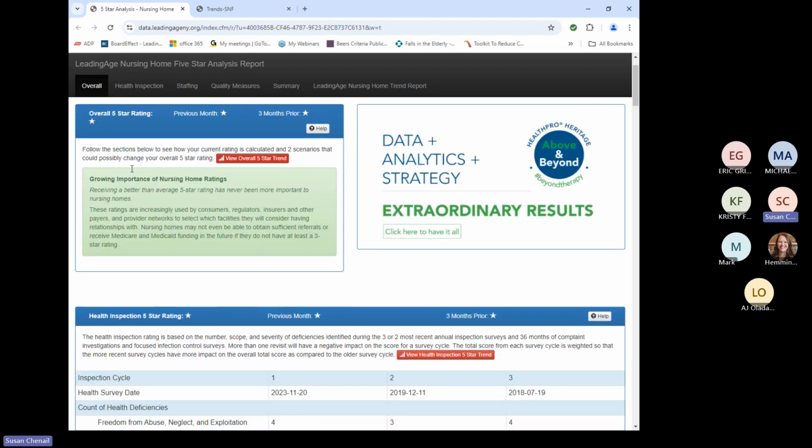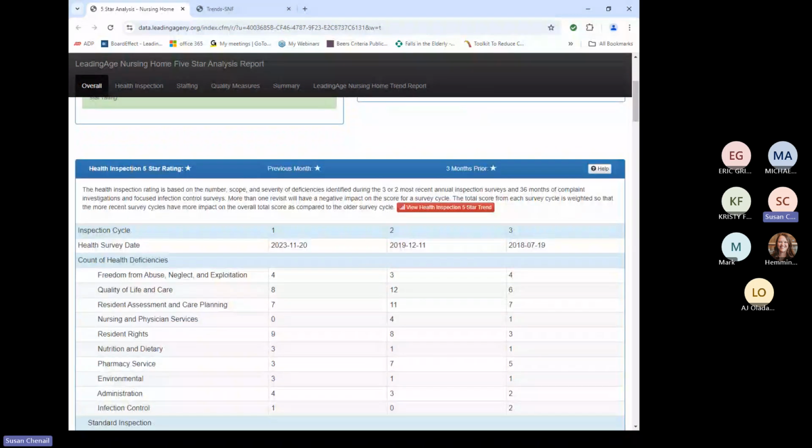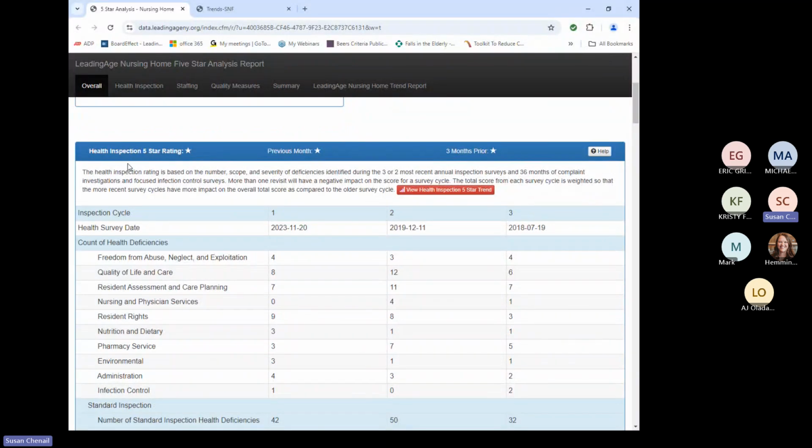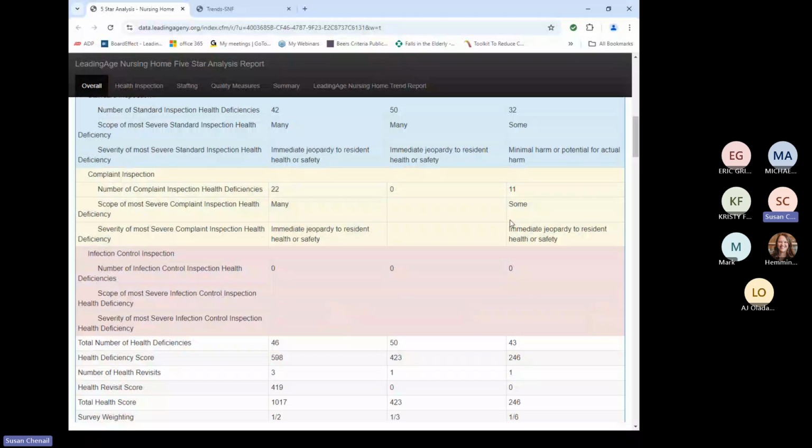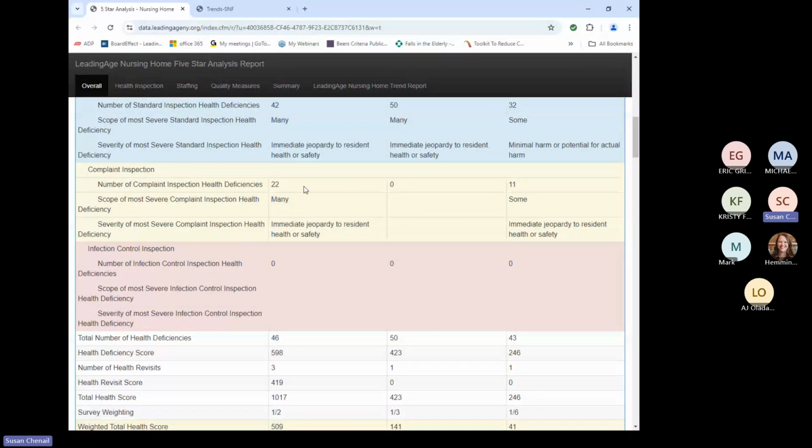So just scrolling down, you can see that the first domain analyzes your health inspection rating, and it provides the three most recent surveys that are used to calculate the health inspection five-star rating, along with any complaint deficiencies or any infection control deficiencies.